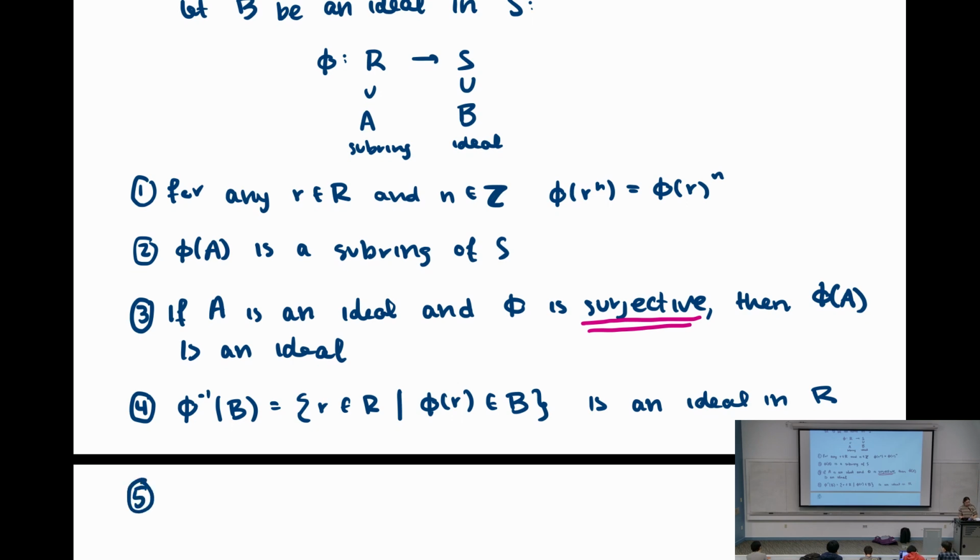The fifth one, so now this is sort of moving into properties of the ring that are preserved by homomorphisms. So if R is commutative, then phi of R is commutative.